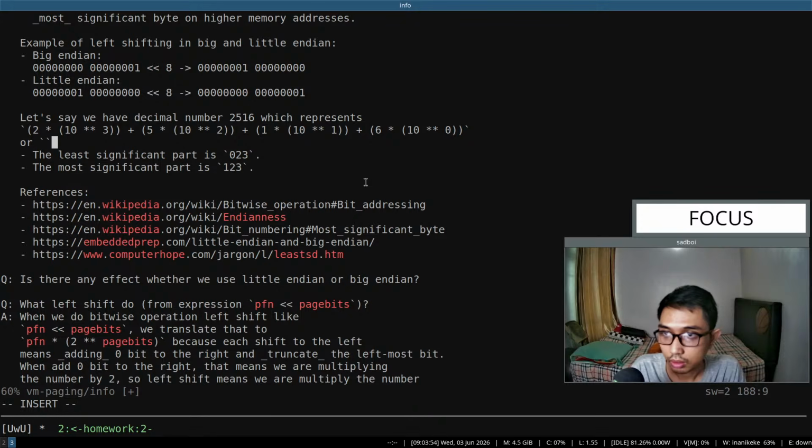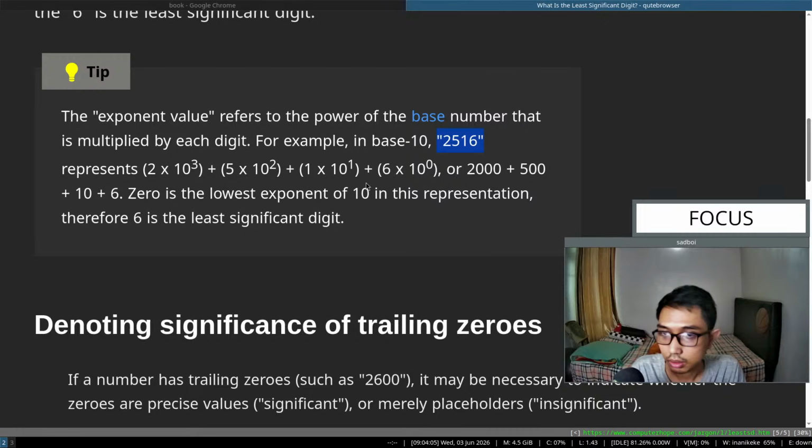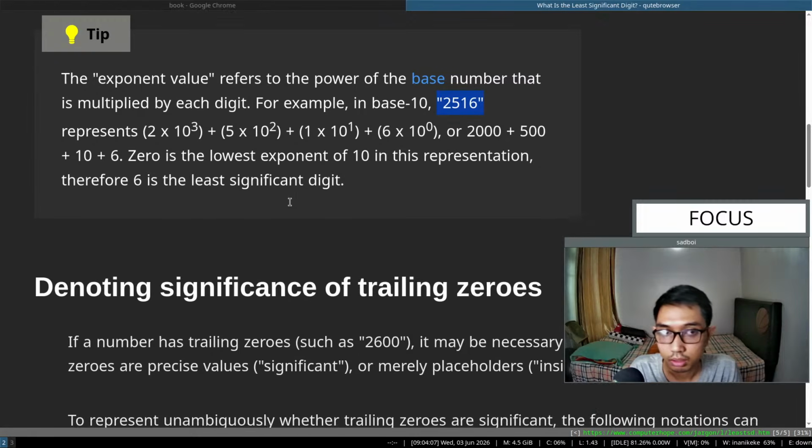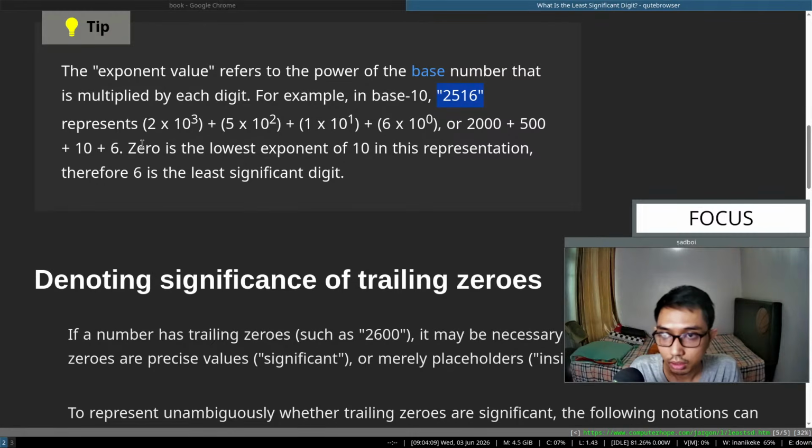Or 2000 plus 500 plus 10 plus 6. Zero is the lowest exponent of 10 in this representation, therefore 6 is the least significant digit.